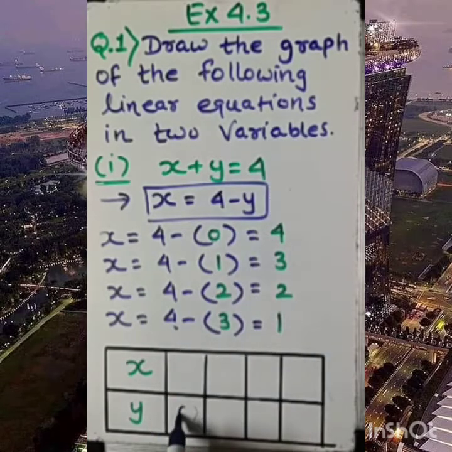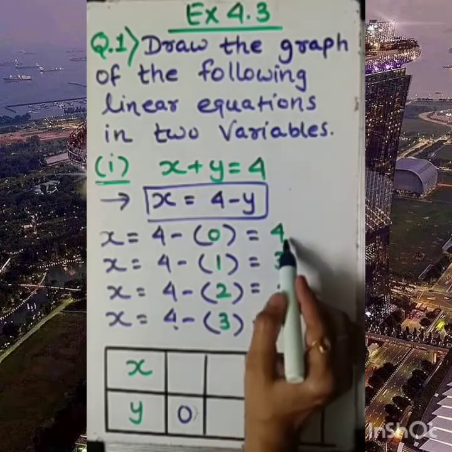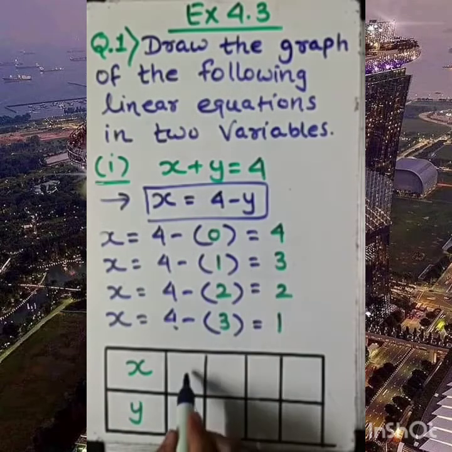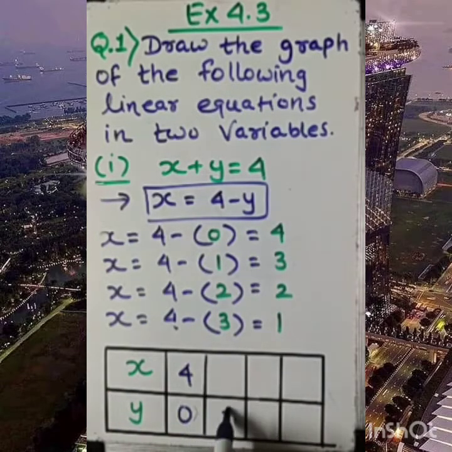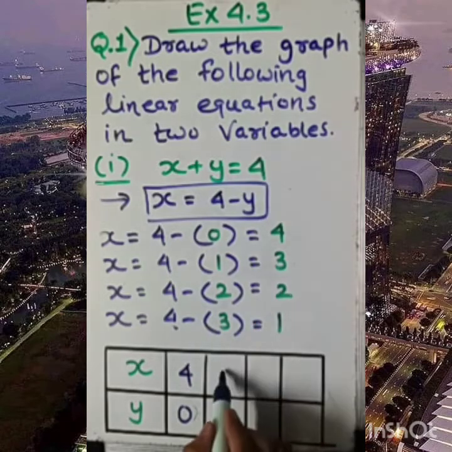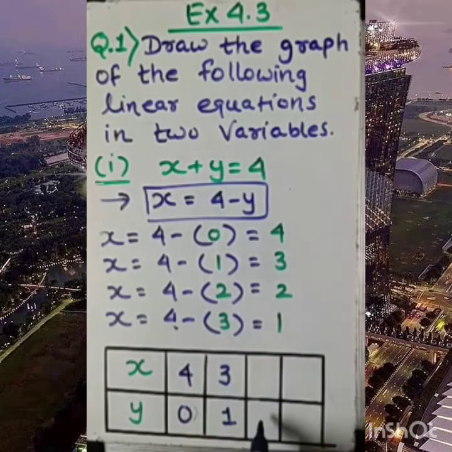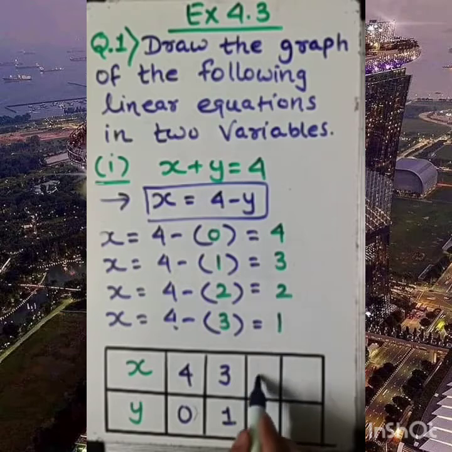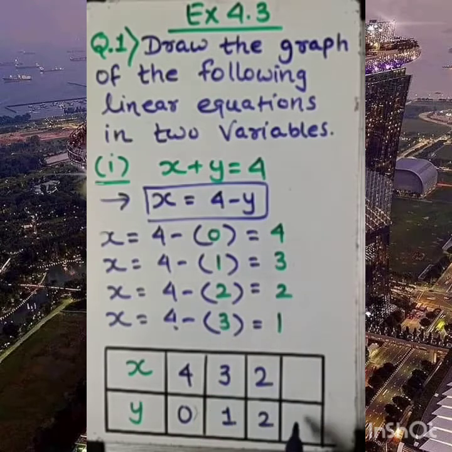So for y 0, the value of x we got is 4. For 1, we got the value of x as 3. For 2, we got the value of x as 2. For 3, we got the value of x as 1. So this is the tabular form. Clear to you?